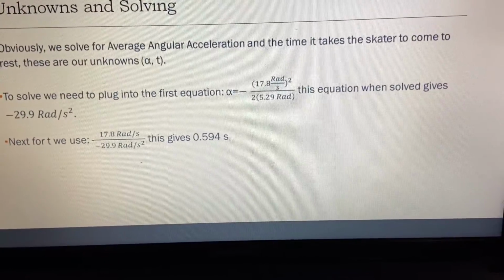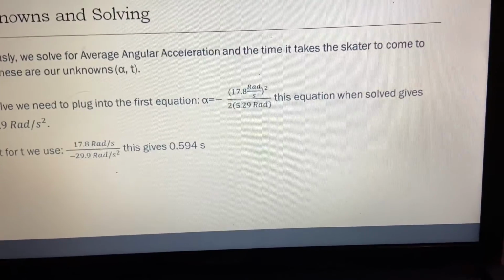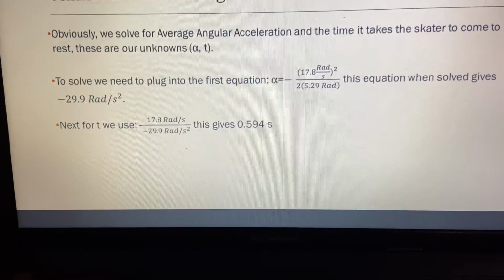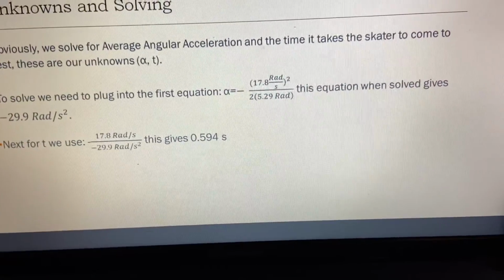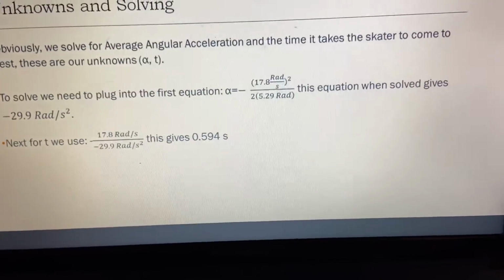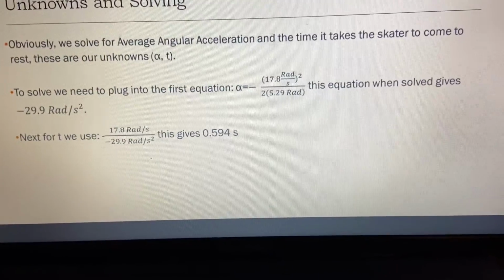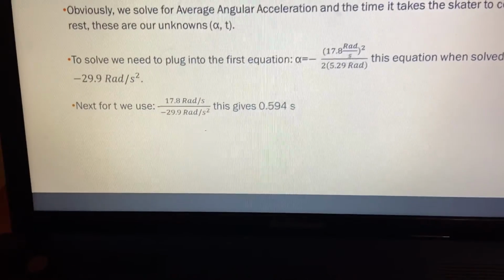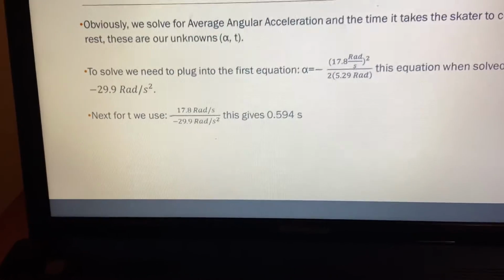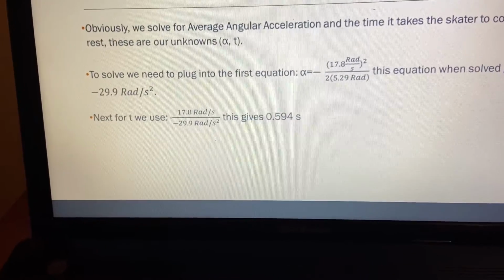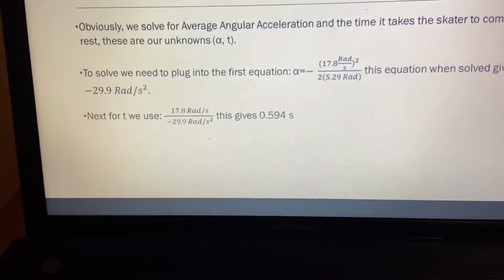And once you solve this equation, that gives you negative 29.9 radians per second squared. Since both values, top numerator and denominator, are positive, and we have that negative symbol, it turns it into a negative.